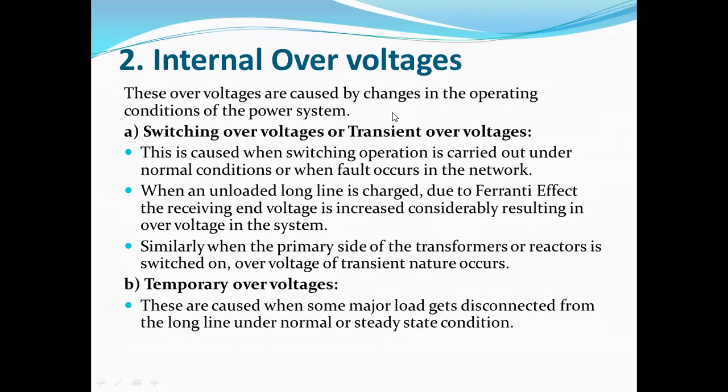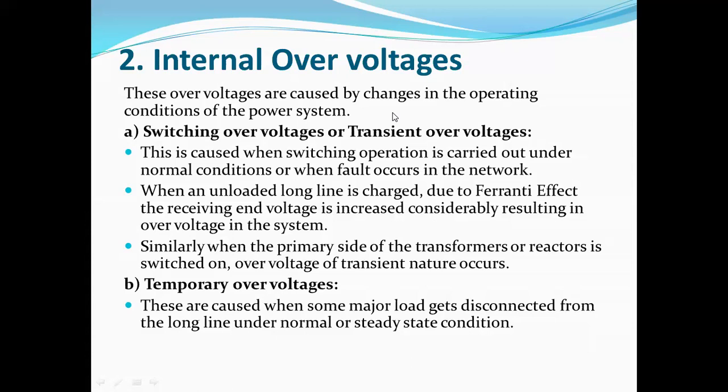If due to some external effects there is an increase in the voltage, or due to some change in the operating conditions. Sometimes we are switching, right? Every equipment or transmission line is switched off or on. While operating, there may be some increase in the voltage.